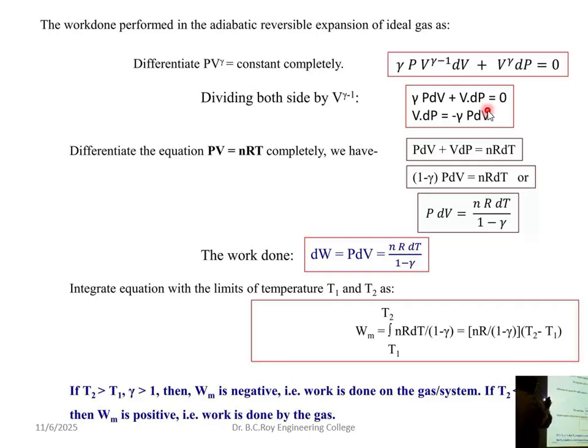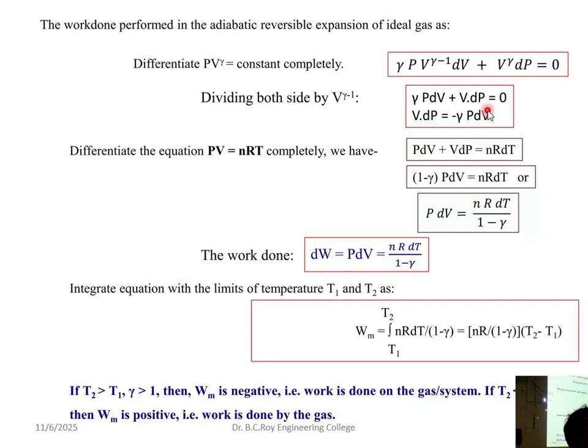This is adiabatic and this is isothermal. If you make a plot, isothermal will be much flatter and adiabatic will be steeper. Why? Mathematically I can prove that.